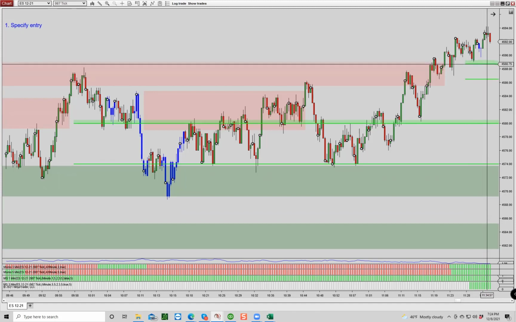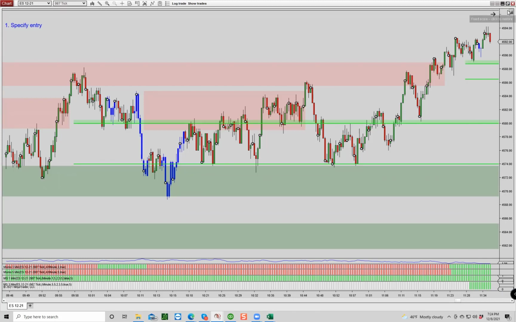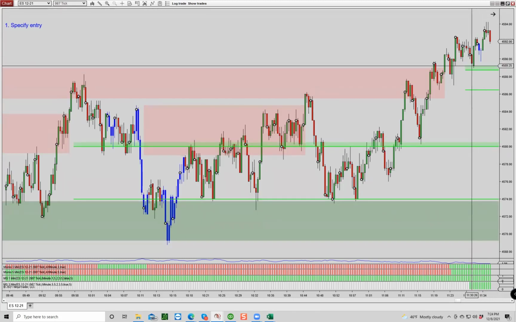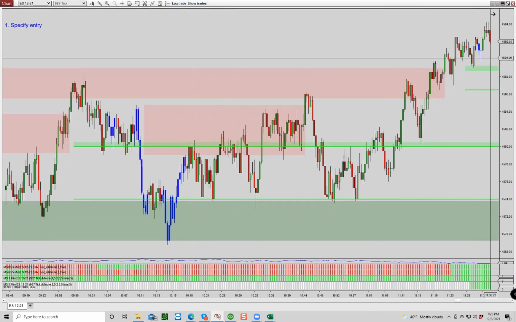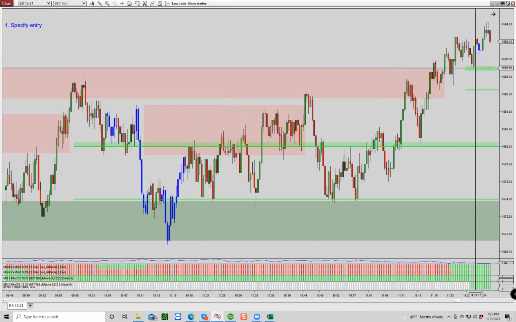Now, if it does bounce off of here and continues higher, then if a new zone prints, I'll wait for that zone to be taken out before I engage another trade. But again, I don't have any idea whether that is beneficial or if it hurts me. So we'll just assume we're going to reload and fire again.